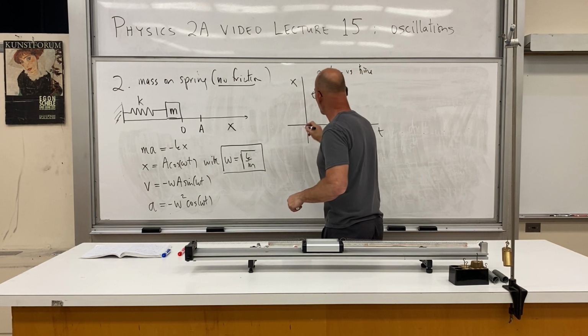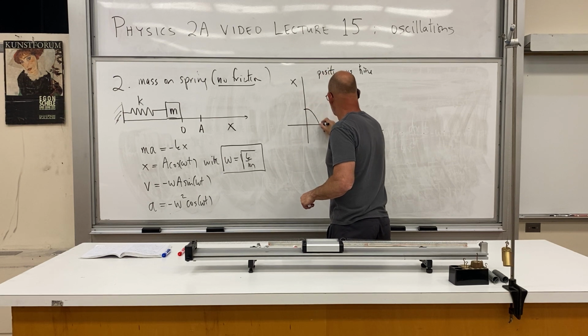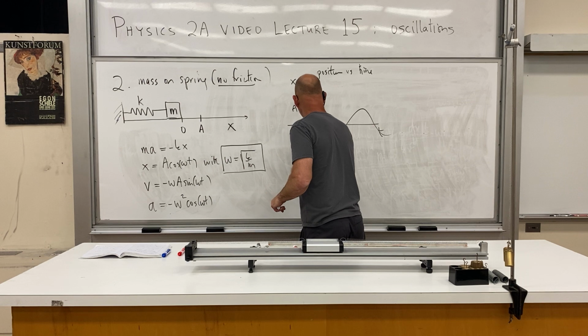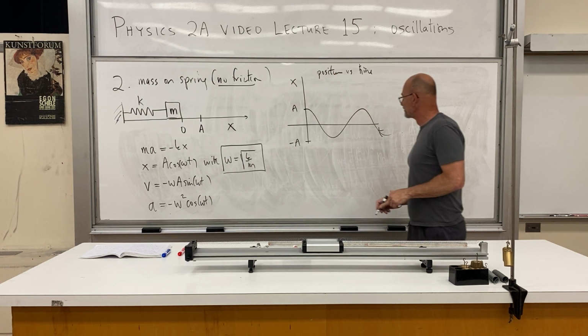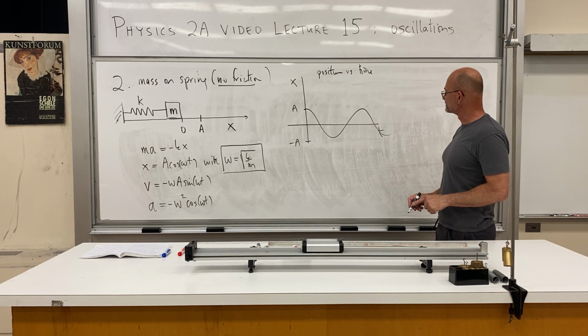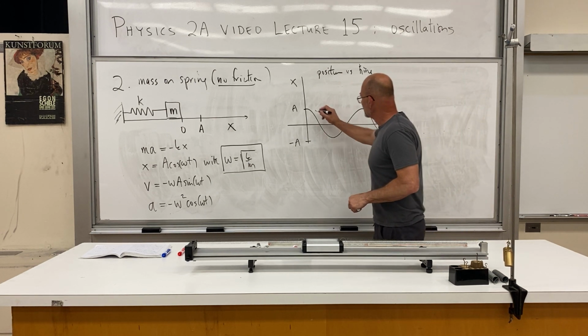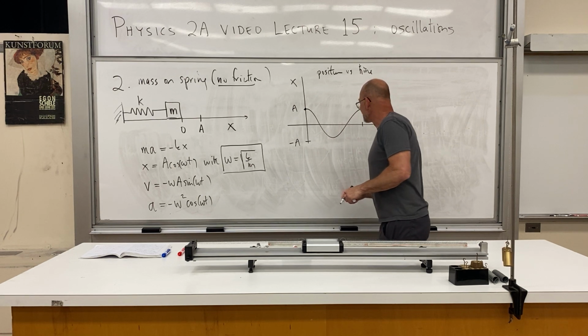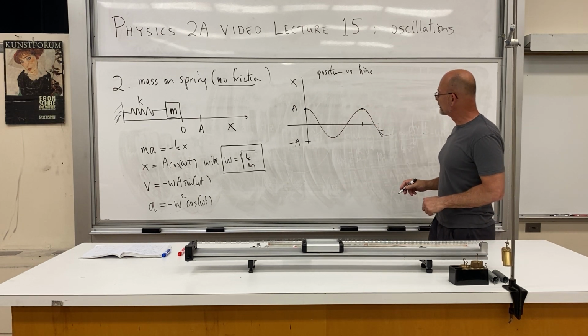And since it's a cosine, it's oscillatory like that. That's A, that's minus A. Where's the period? A complete oscillation could be when we released it here to when it came back exactly there. So there's your period.